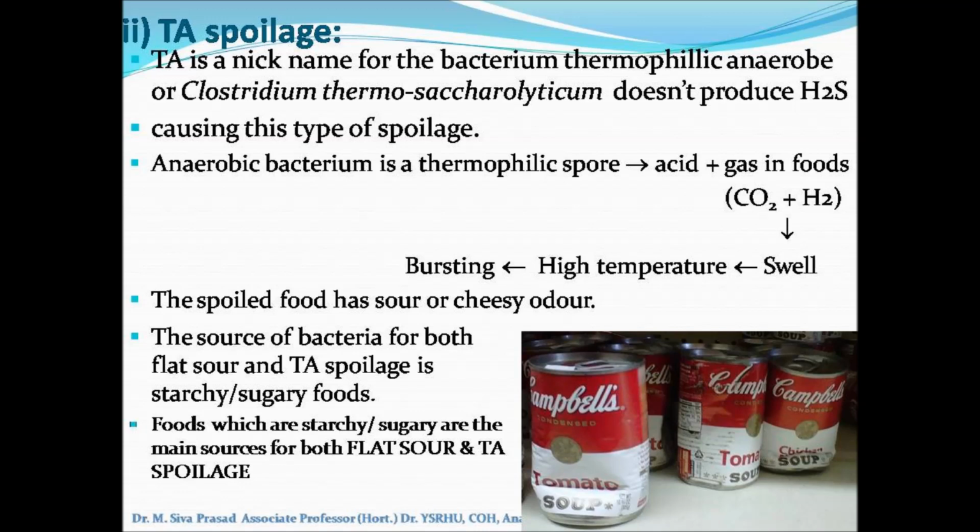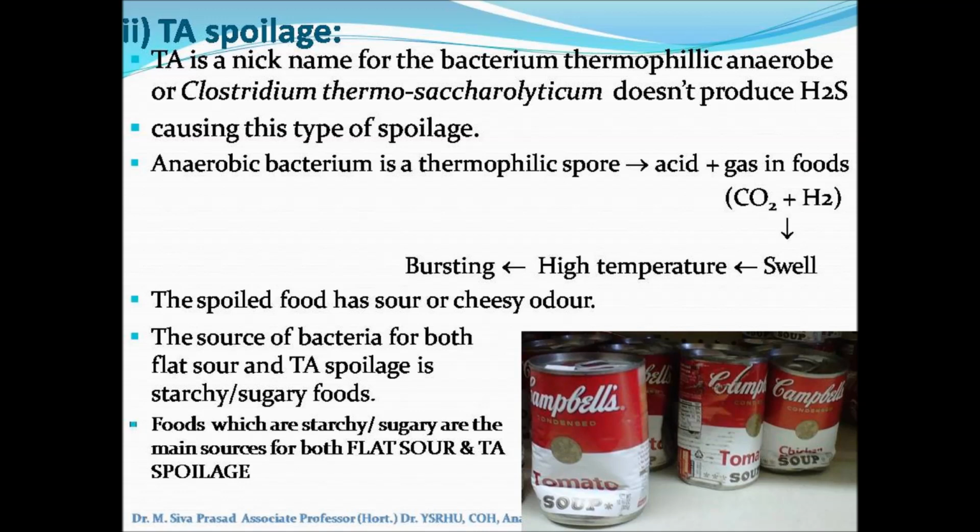When the cans are exposed to very high temperatures, it causes heating, and then internal pressure develops. Such internal pressure causes bursting of the cans.